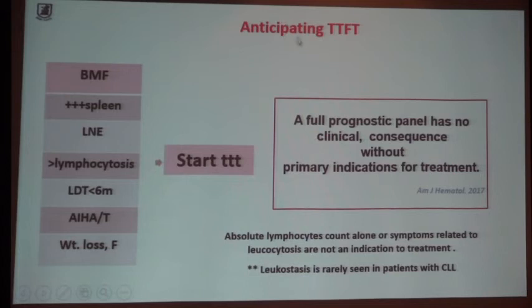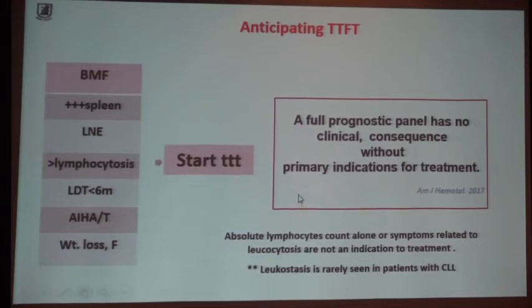When to start treating a patient with CLL: whenever we have signs of bone marrow failure, or aggressive splenomegaly. Before that, we cannot start the therapy. Also excessive, unexpected lymph node enlargement, and persistent lymphocytosis of more than 50% within 2 months, and lymphocyte doubling time of less than 6 months, and constitutional symptoms, weight loss and fever, provided that you don't have any other cause of this fever and weight loss.